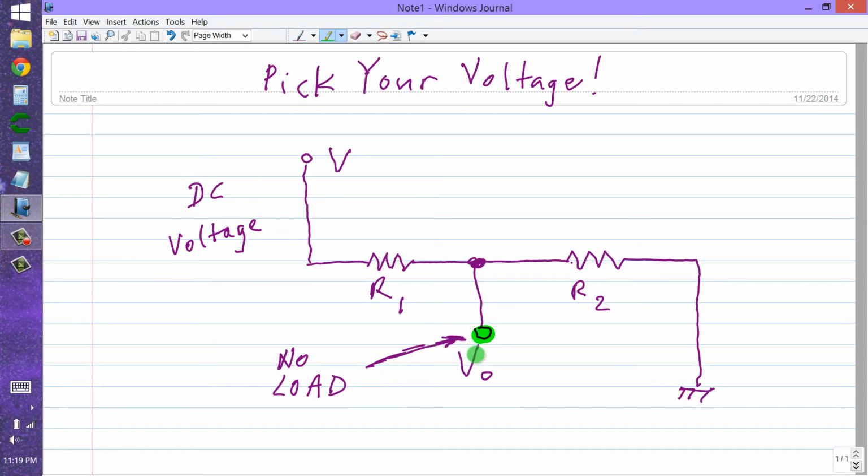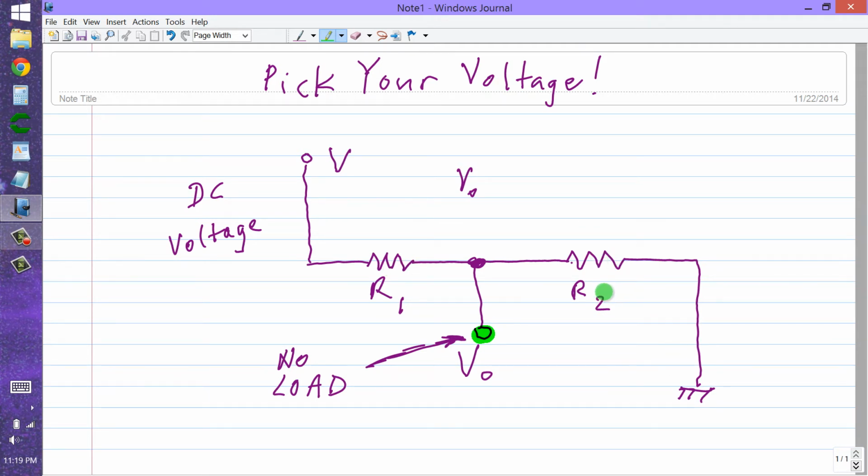Suppose that you want a specific voltage V sub 0. You just want to get that voltage. How can you calculate that voltage? Well, remember that the voltage drop across a resistor is equal to the product of the current through it and its resistance.